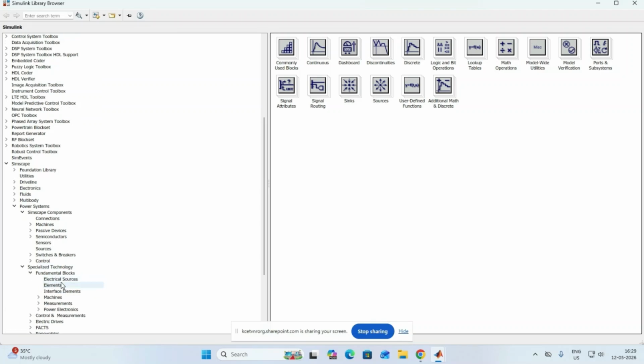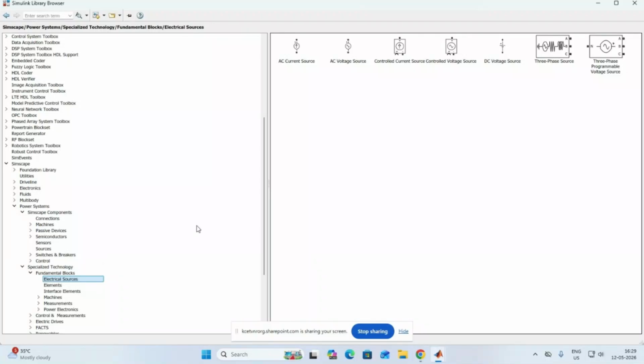Here if you see fundamental blocks, electrical source. Here I am going to use DC voltage source. So I am adding DC voltage source to my model, and then I am going to take elements also.